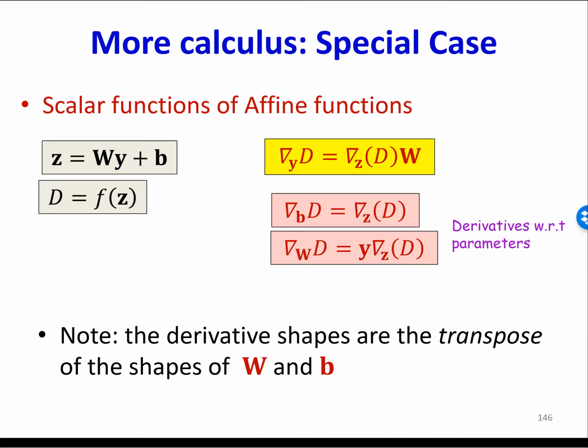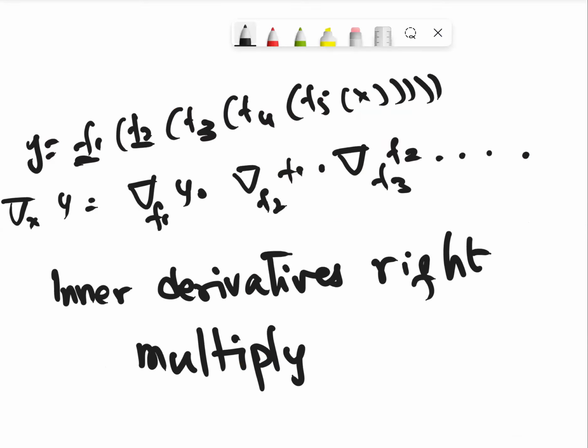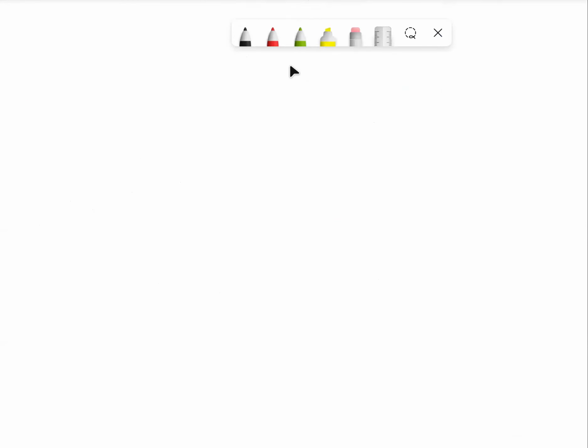And now, there's a final bit. If I have z equals wy plus b, where z is a vector, y is a vector, w is a matrix, and b is a vector, and then I have some scalar d equals f of z, then what is the derivative of d with respect to y? Let me just write this down and I'll let you guys work it out.